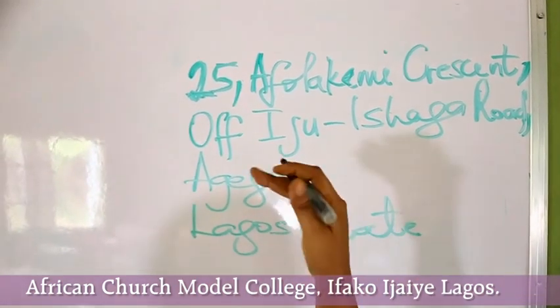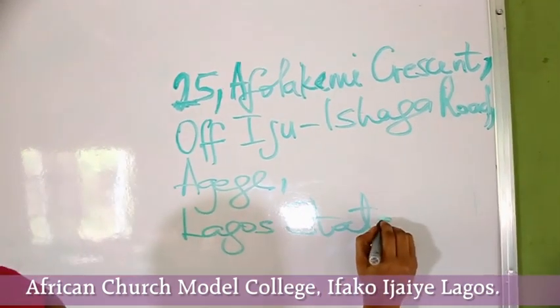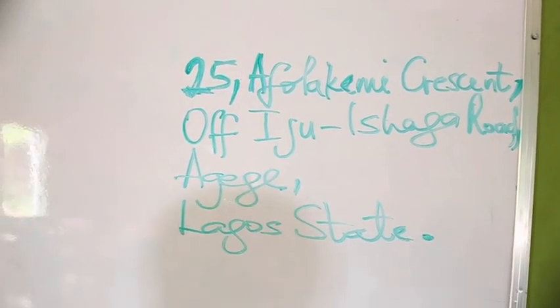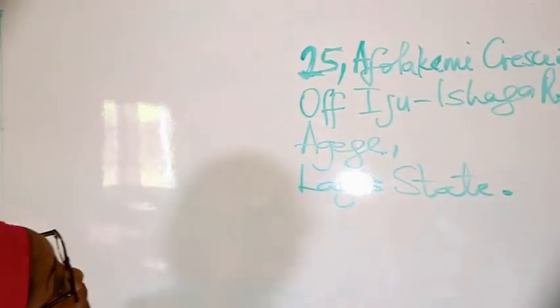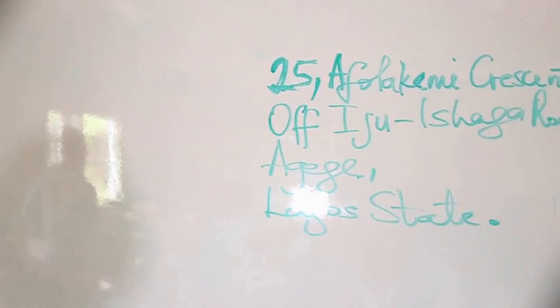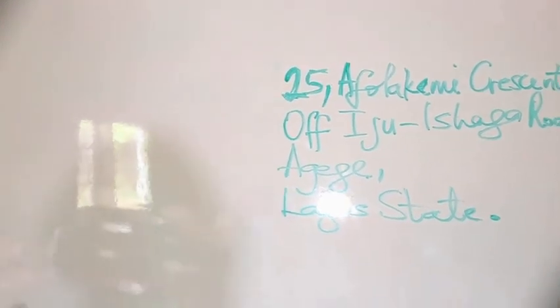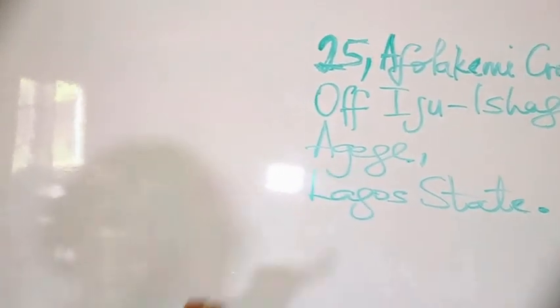So Lagos State is the end of my address, because we are writing to someone who is in another school, and you are not asked to write to someone in another state. So you indicate the state where your letter is coming from.